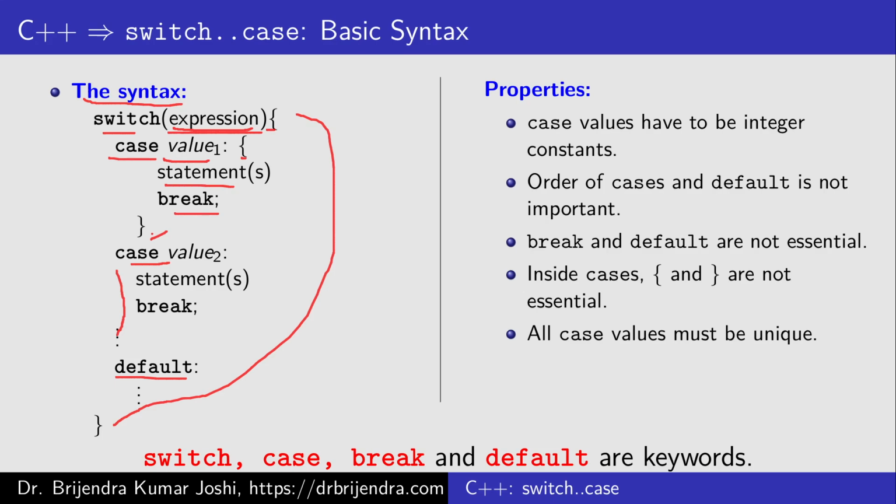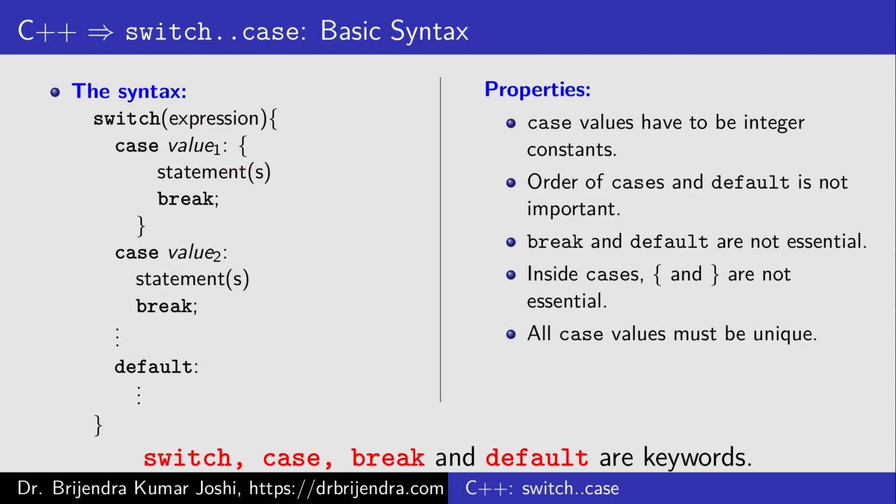Once this expression is evaluated and found to be an integer, its value is matched against value 1. If it matches, the program enters the first case and executes these statements followed by break.